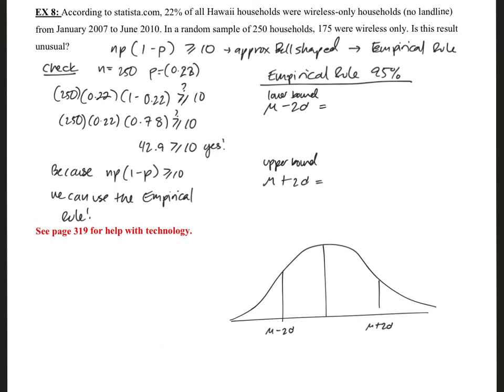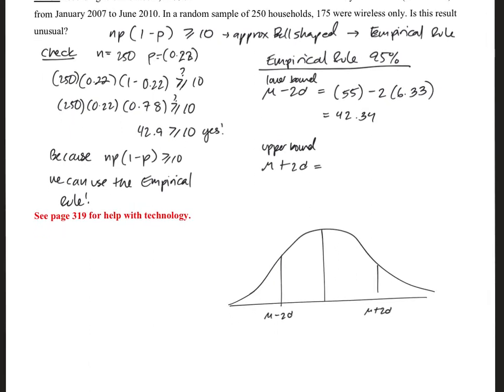So calculating this out, what is my mu? Well, we calculated this way back in example 6. So the mu that we found was 55, minus 2 times our standard deviation, which was 6.33. And we'll end up with 42.34.